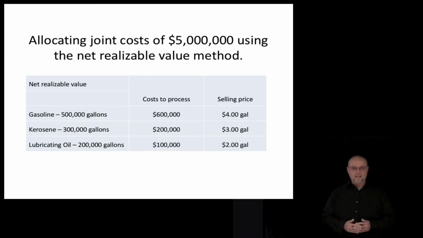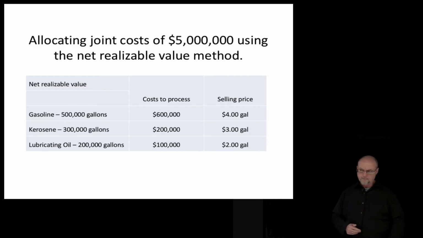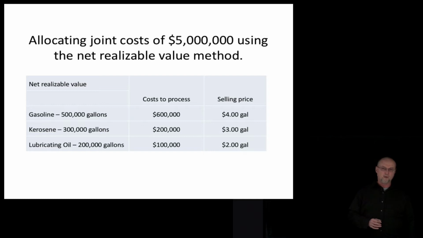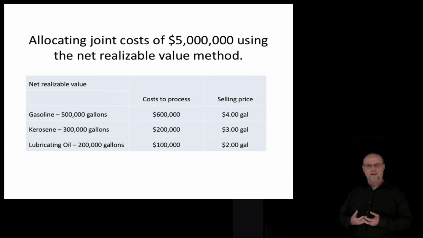Same thing, we have to allocate the $5 million of the joint costs to the 3 products, but we're going to do it based on net realizable value. Net realizable value is how much we are ultimately going to receive from selling our product.